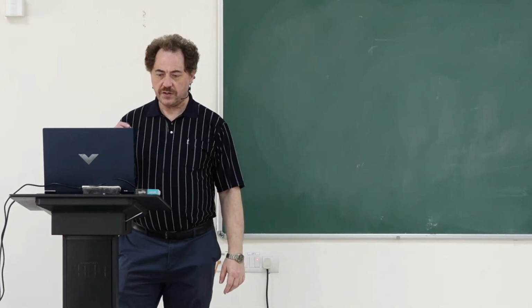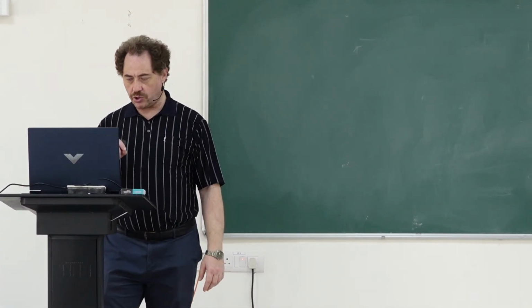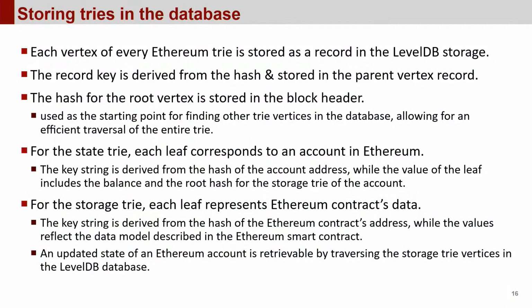Now we have the state tree and the storage tree, and I'm going to talk about both. So in the state tree, each leaf corresponds to an account in Ethereum. And the key string for the account is derived from the hash of the account address, while the value of the leaf includes the balance and the root hash for the storage tree of the account.